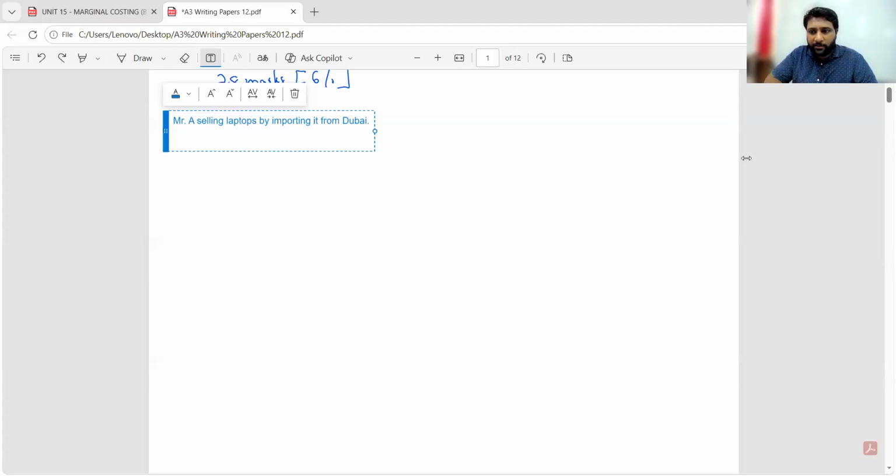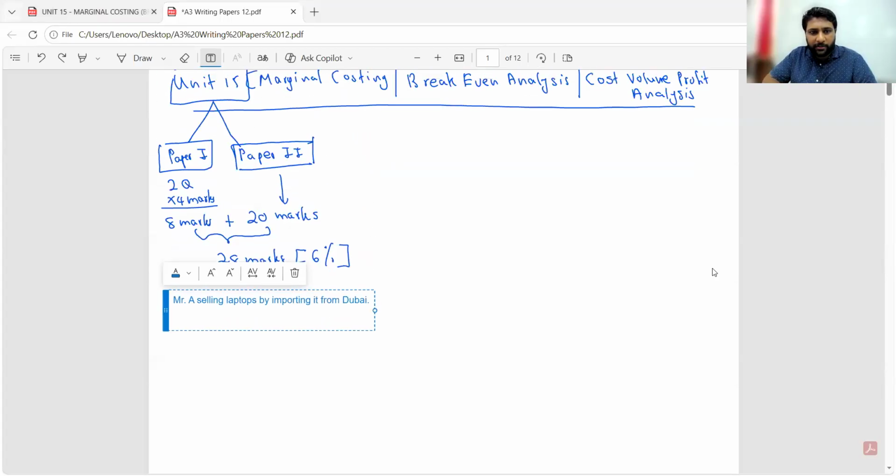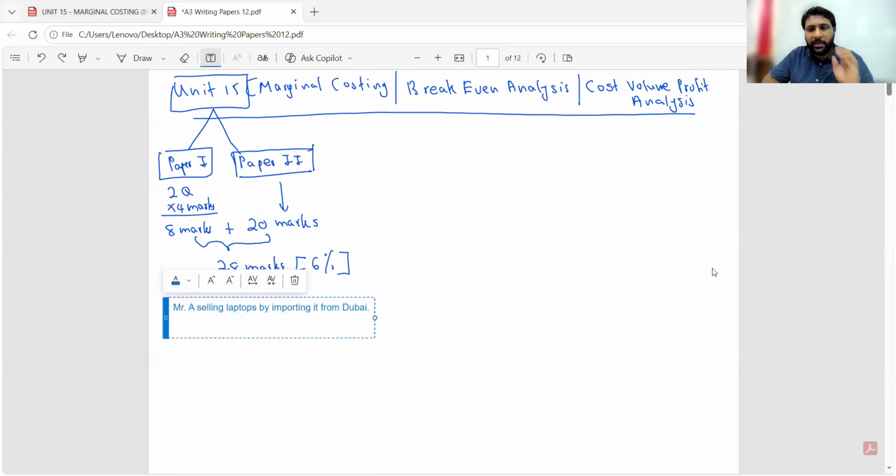Heading: Marginal costing, break-even analysis, cost volume profit analysis. Mr. A selling laptops by importing it from Dubai.